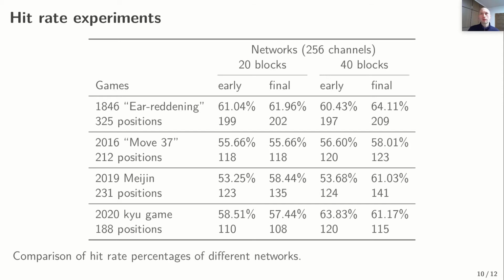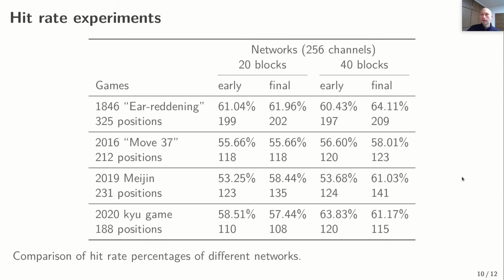What we did, we looked at category networks: the small network with 20 blocks and the bigger one with 40 blocks. We looked at the network from the beginning of the training process and the final one, which was declared final in the summer of 2020. We calculated the hit rate after 100,000 visits in the search.